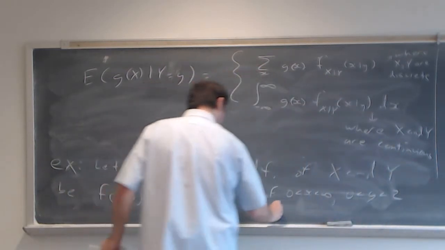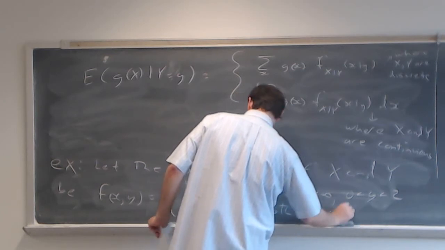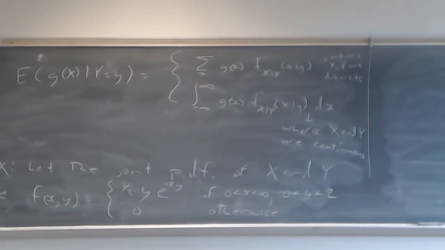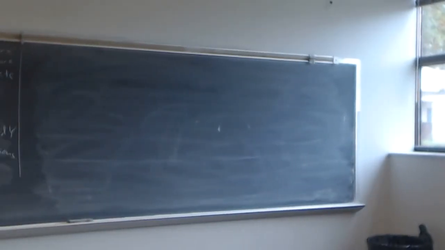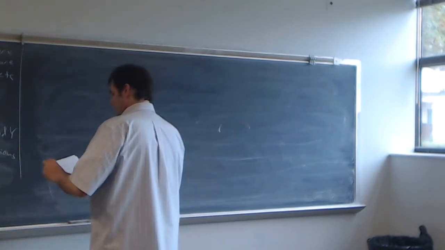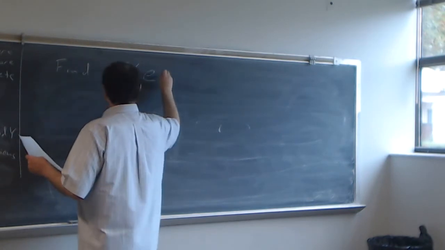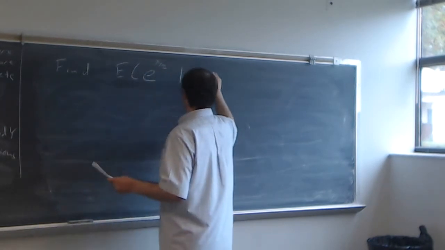And here we're going to have 0 otherwise. And so the directions are going to say, find the conditional expected value of e to the x over 2 given y equals 1.